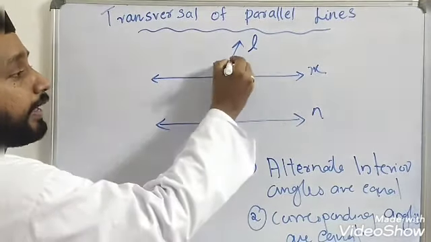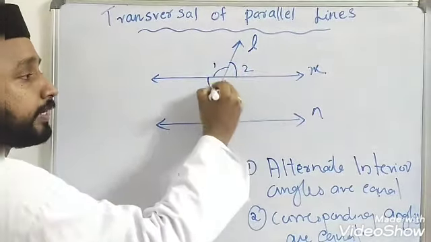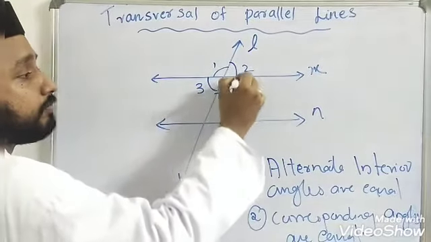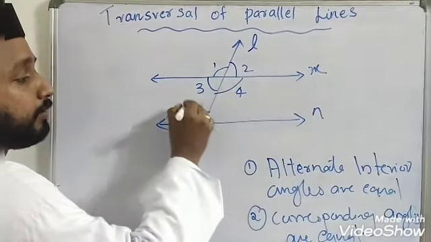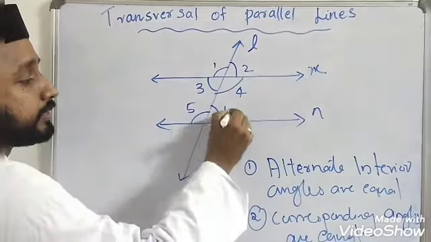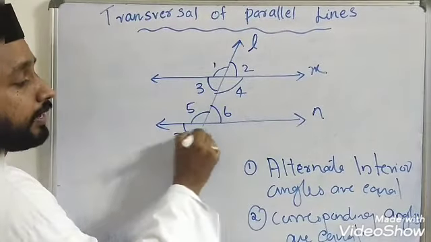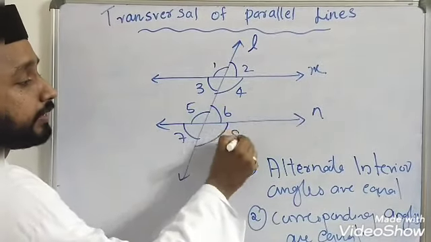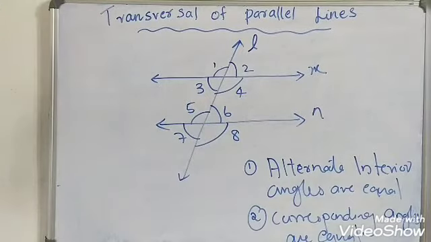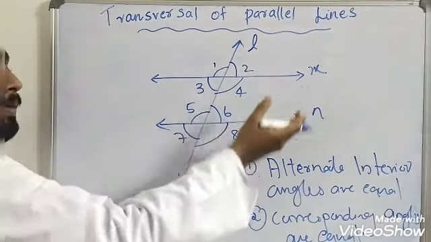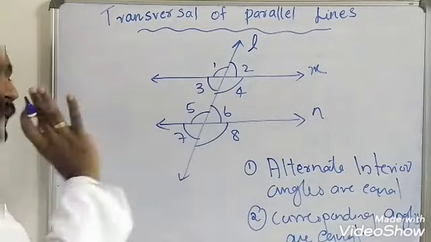Angle 1, angle 2, angle 3, angle 4, angle 5, angle 6, angle 7, angle 8. These are the 8 angles forming.